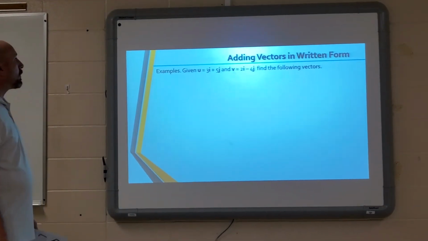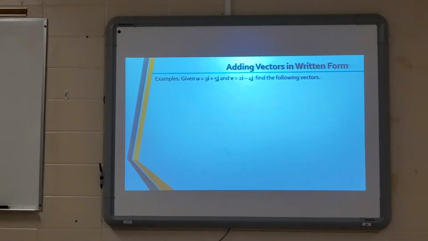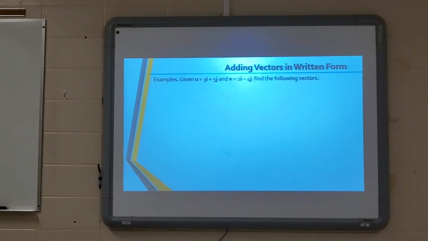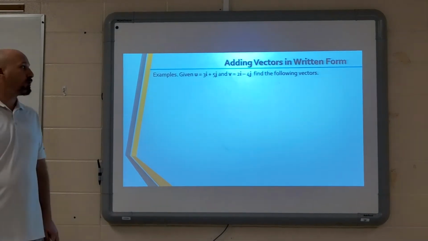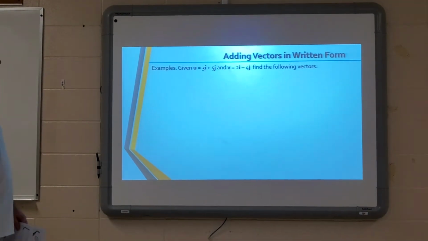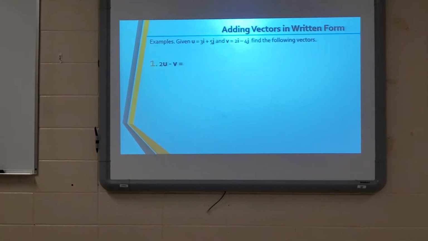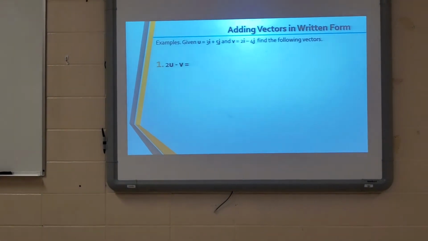Again, adding vectors from the lesson before, we have u equals 3i plus 5j, and v equals 2i minus 4j. Find the following vectors. 2u minus v.